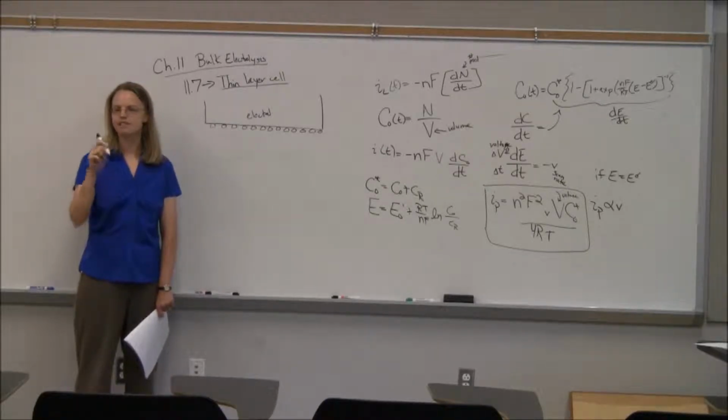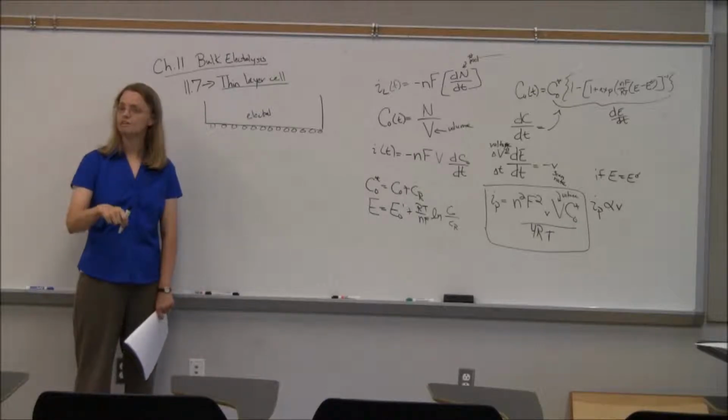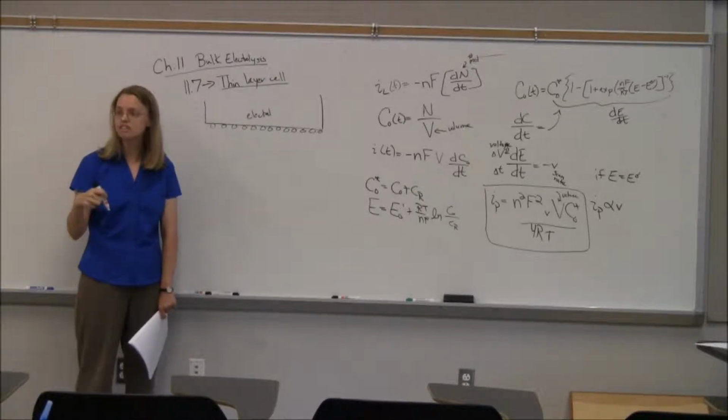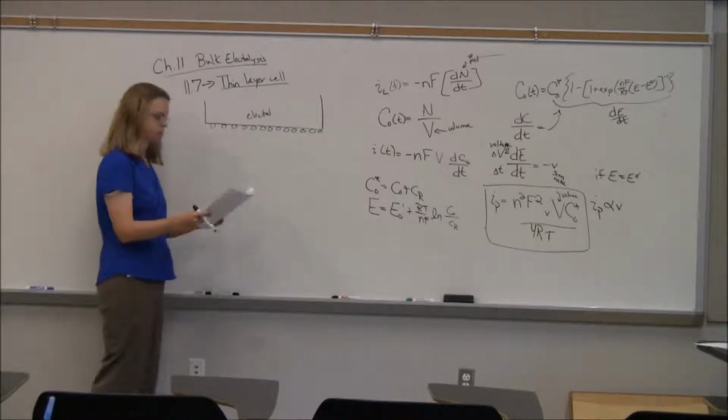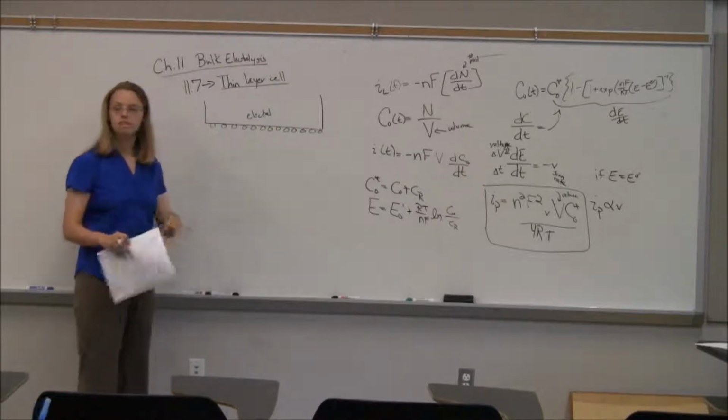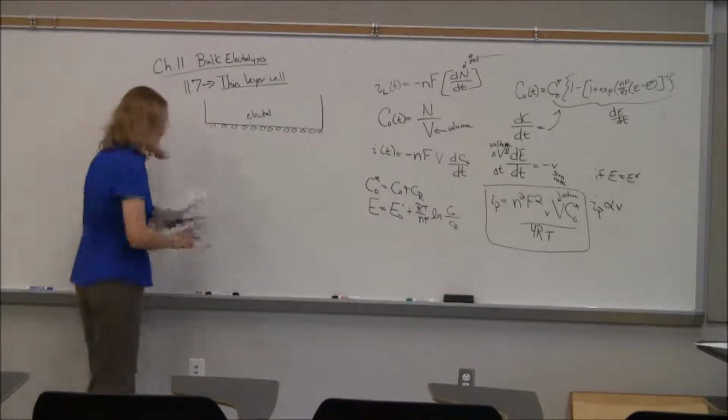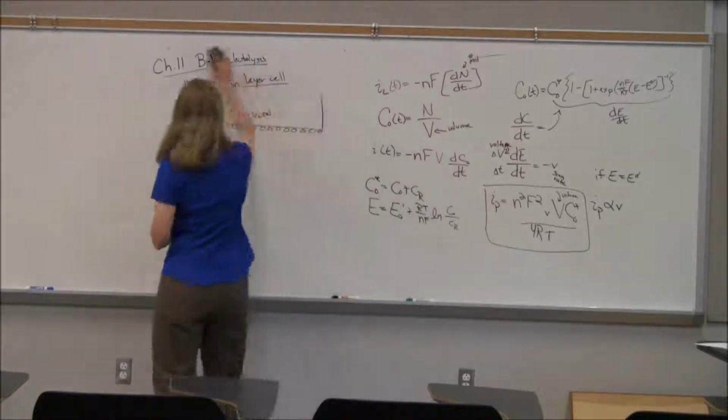You can imagine it's going to be the same theory, except it's going to be the potential change over time. dE/dt is the driving force for how much concentration changes with time, which is how you get out kind of the I thing. Okay, so now I've jumped on you because the thin layer cell was chapter 11, and then we're going to do it all again.